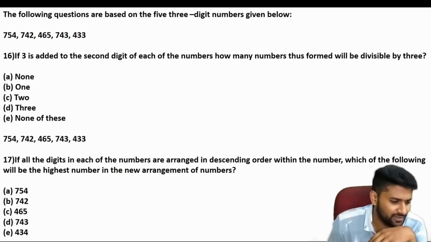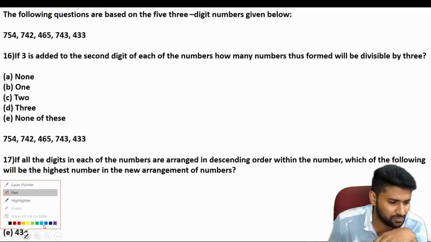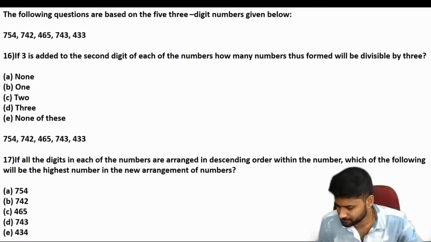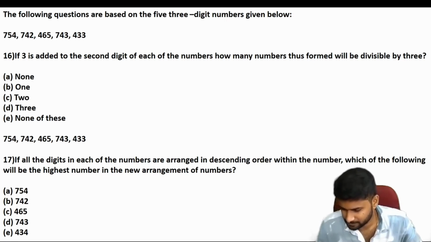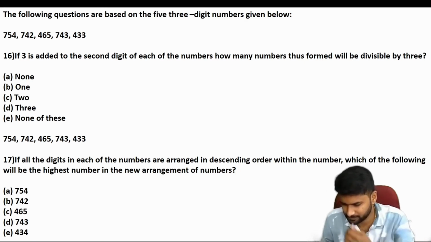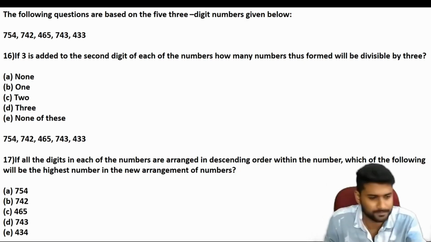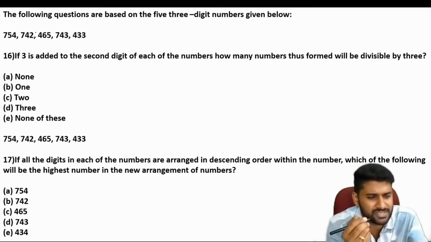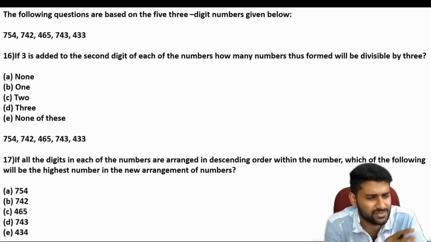Next, alphanumeric series. Maybe you can expect either 1 or 2 questions from alphanumeric series. Now see, try to understand that. See, the following questions are based on 5 3-digit numbers: 754, 742, 465, 743 and 433.